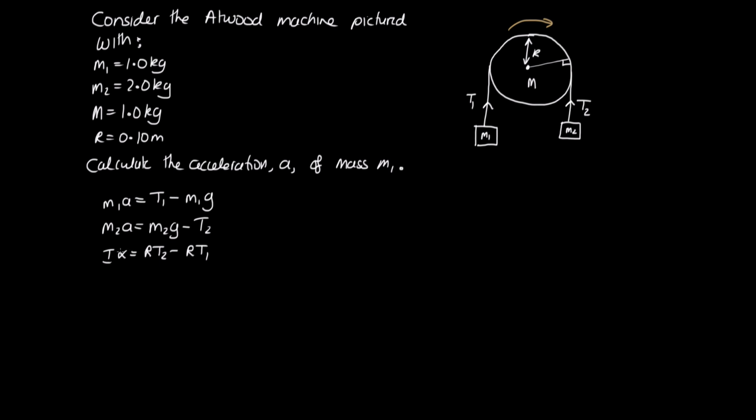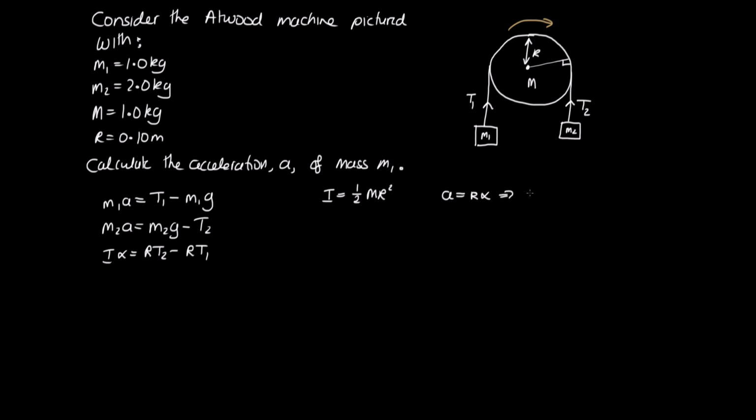Now we're going to want to simplify this expression a little bit. So there's a number of things that we can do. First of all, we know that the moment of inertia of a disk is given by a half mr squared, so we can substitute that in for I. We also know that the acceleration is related to the angular acceleration through a equals r alpha.